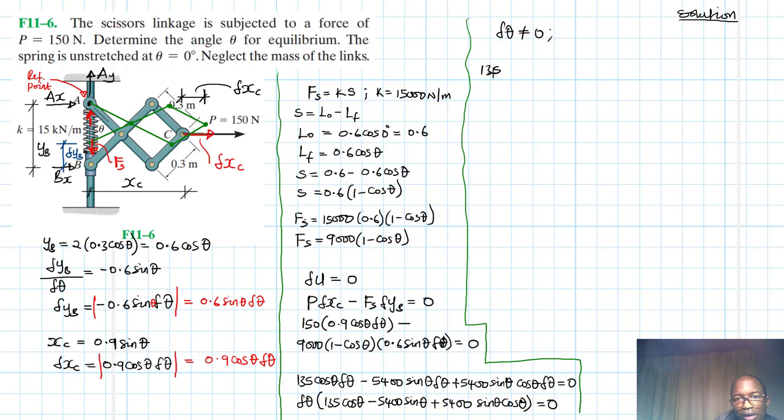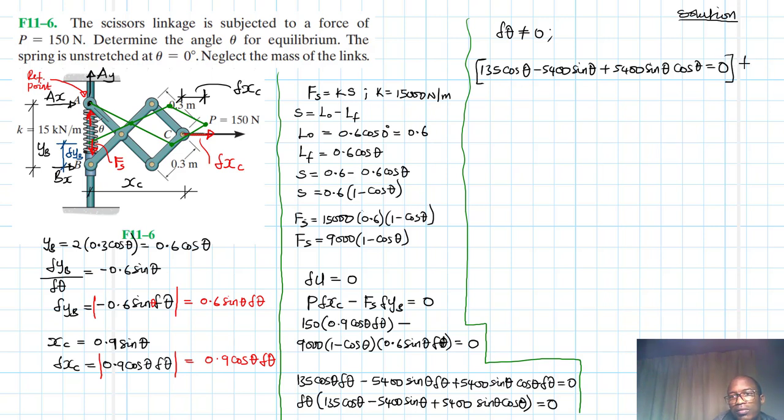So we have 135 cos theta minus 5,400 sine theta plus 5,400 sine theta cos theta equal to 0. Let's simplify this further.